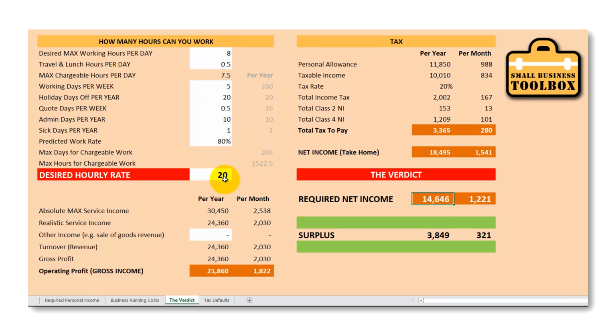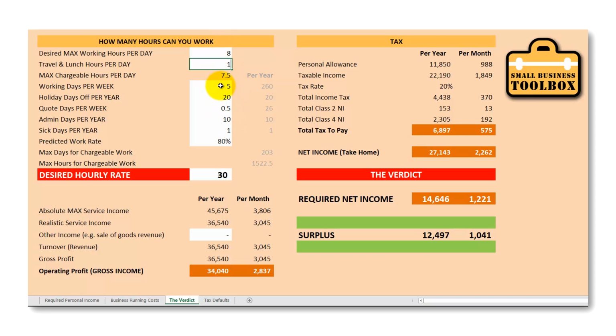So when I say £30 per hour is really the bare minimum of what you should be charging as a self-employed person, this is why. Because when you think about what all these figures are actually going to be, let's get this back to you.